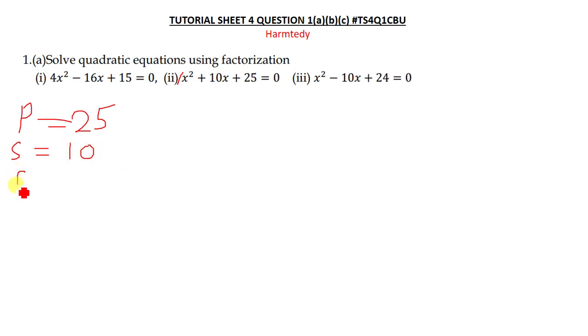Then to find the factors, we find two numbers that when multiplied give us 25, and when added give us 10. Of course, it's 5 and 5. 5 plus 5 gives 10, 5 times 5 gives 25. So now we replace them there. We're going to have this.